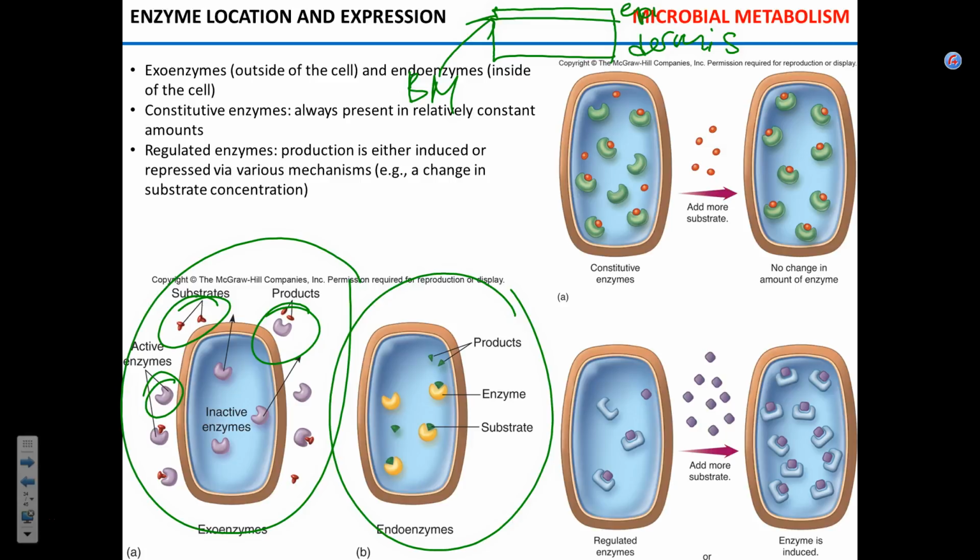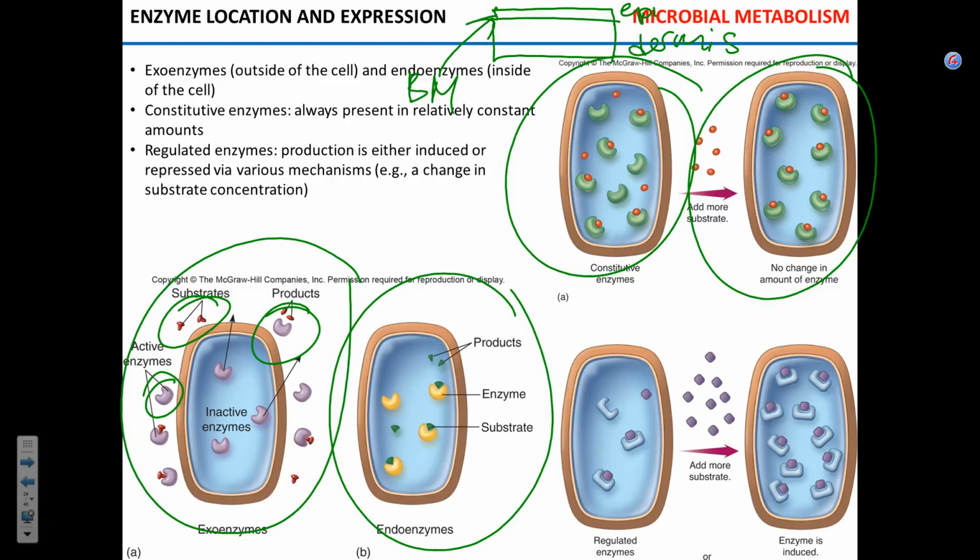Now we figured out exo and endo enzymes. The next one is regulation. Enzymes can be constitutive, produced at the standard level, which is not influenced by the levels of the substrate. Does that make sense to you?